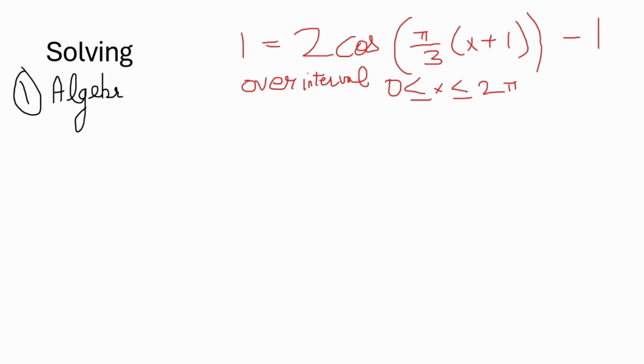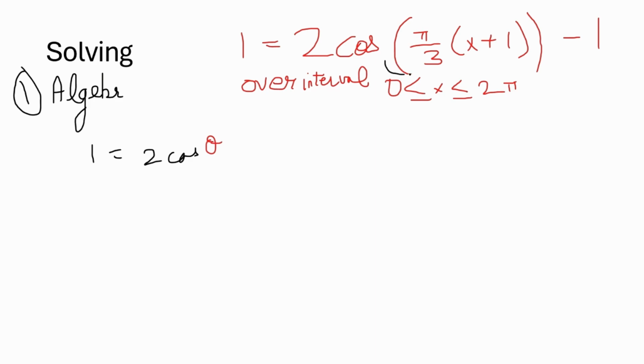So whenever you have these type of questions, all you're doing is isolating the trig function. Okay, so to isolate the trig function in 2 cos (pi by 3 x) plus 1, we can just say this whole thing is theta.